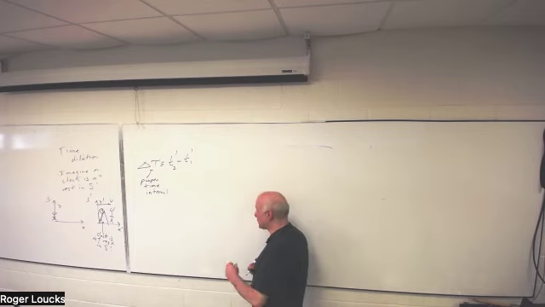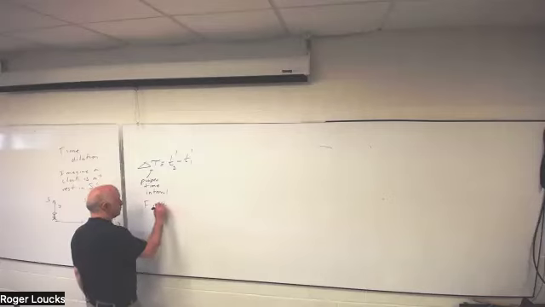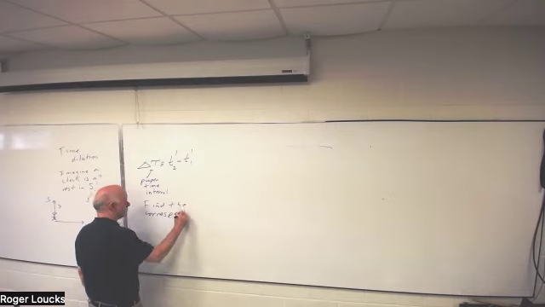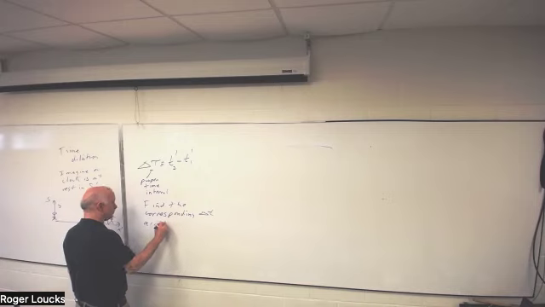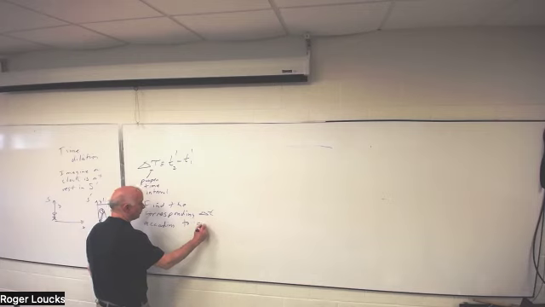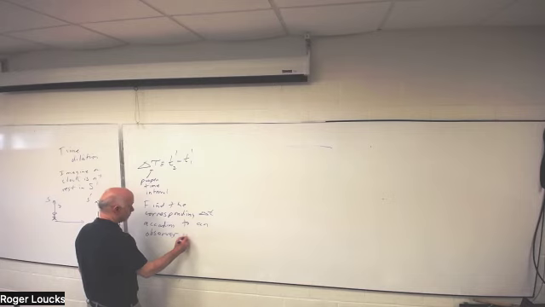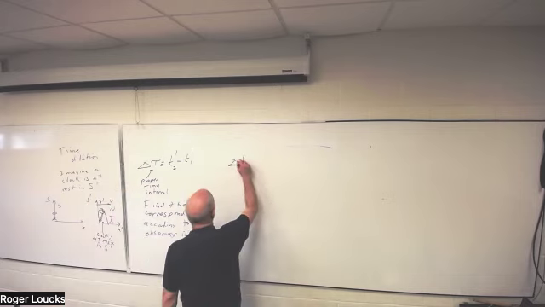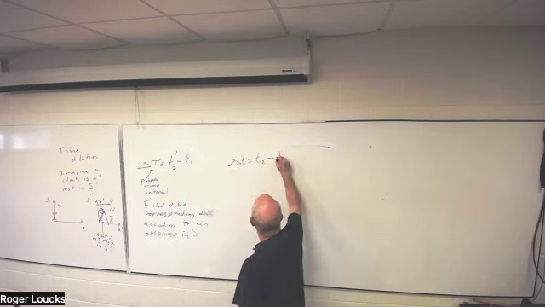Okay, so let's go through. So we want to find the corresponding delta t according to an observer in S. So we're going to call that time delta t. I'm going to call that T2 minus T1.